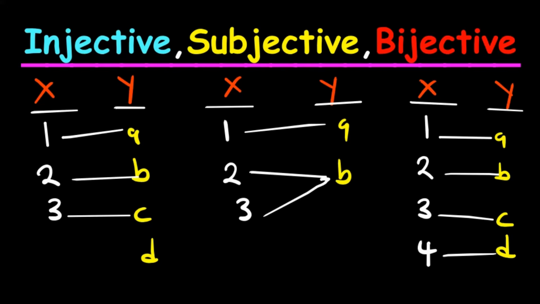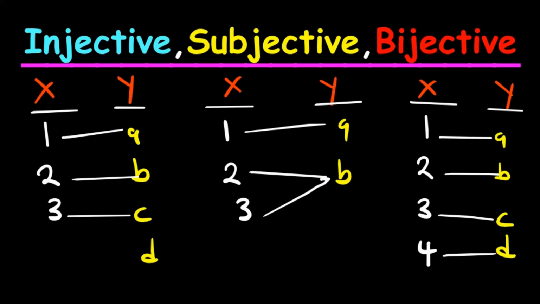Now I'm talking about this because you cannot find the inverse of a function that is not bijective. So for you to be able to find the inverse, which we're going to talk about, for example, a quadratic function, we are saying a quadratic function is a function, but for you to find the inverse of such a function, it's able to give you two x values that are giving you one y value.